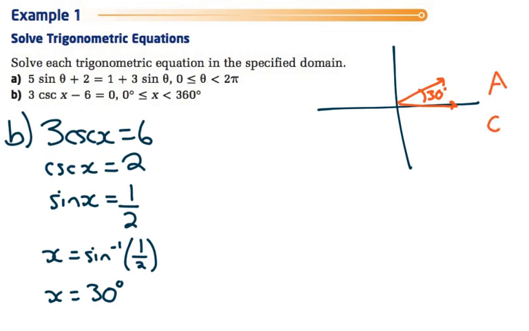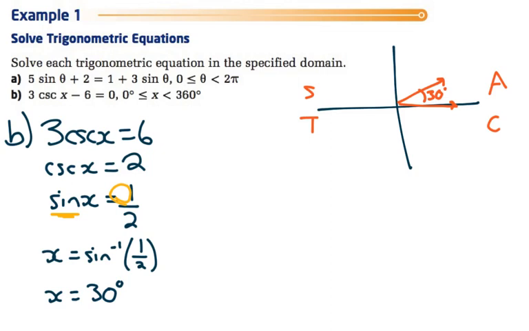We need to look at CAST again. And what we had is that sine equaled a positive. So we need to find the other quadrant in which sine is positive.